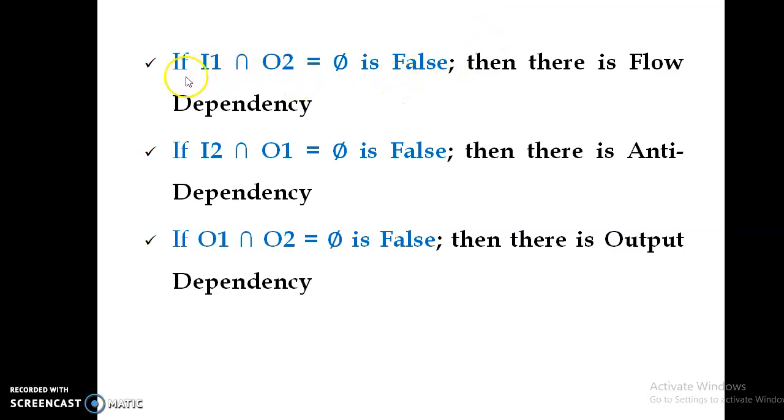Suppose the first condition I1 intersection O2 equal to null is false, then there is flow dependency. If the second condition I2 intersection O1 equal to null is false, then there is antidependency. And if O1 intersection O2 equal to null is false, then there is output dependency.